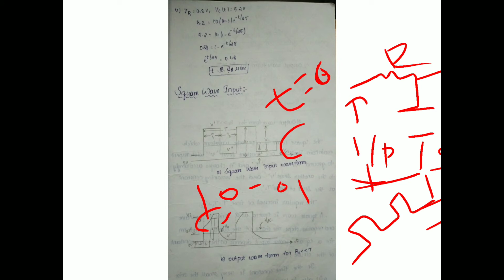This is also an important thing for the online bits. When the time constant RC is far less than tau, the tilt occurs because at a very low time constant the signal cannot be transmitted the same as the output. The input signal is not reproduced the same at the output.